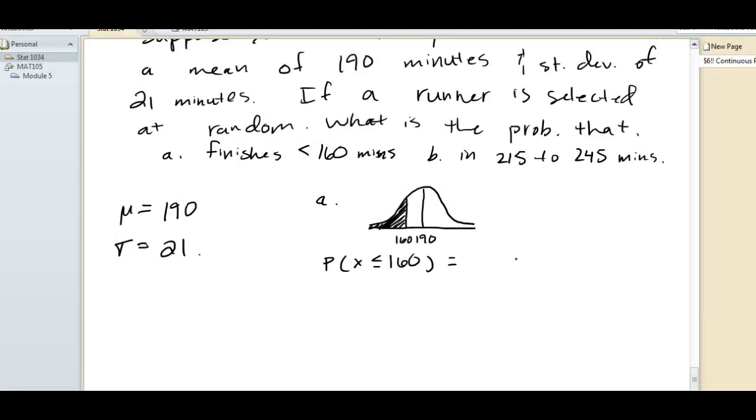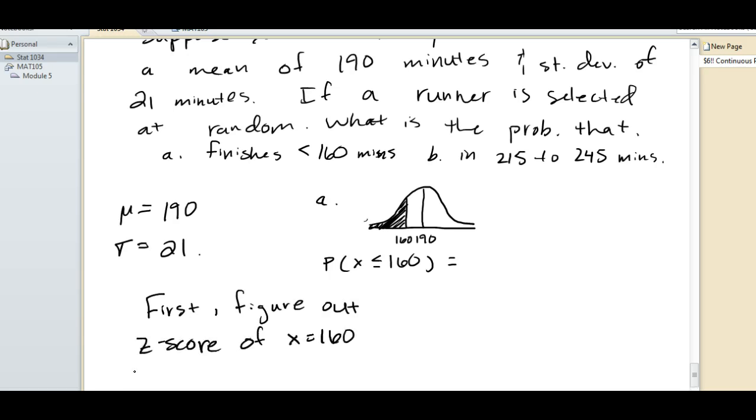Okay, so for this one, we have the area, and this is exactly what we want to figure out. So basically first, figure out the z-score of 160, then use calculator.